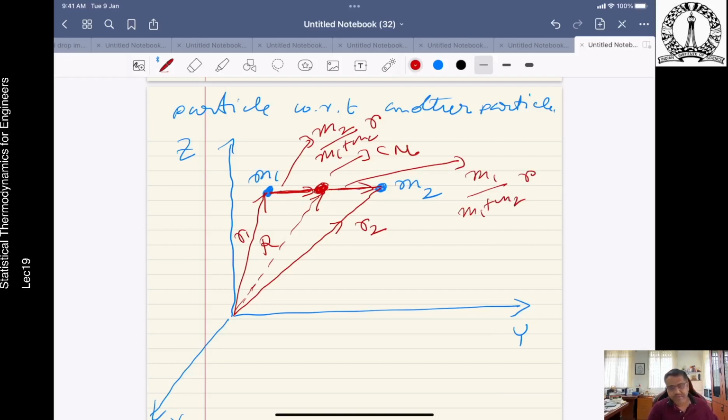Right? So this is the other part, m1 by m1 plus m2 into r, and the total distance is r. All right. I think that part is now understood.